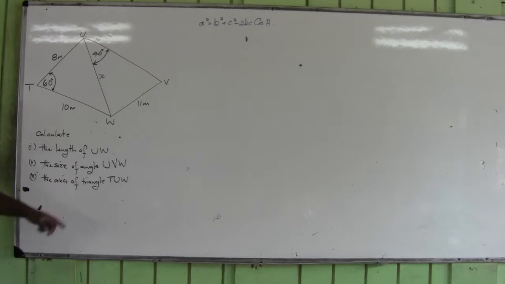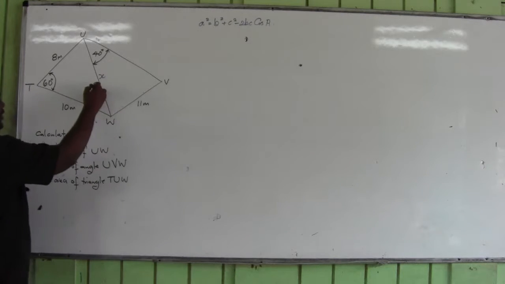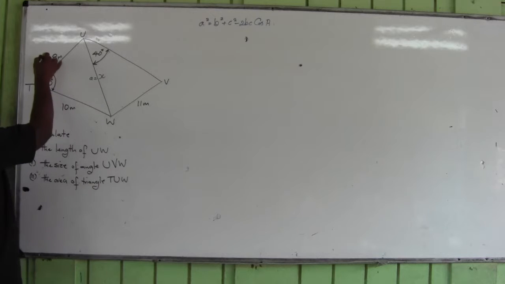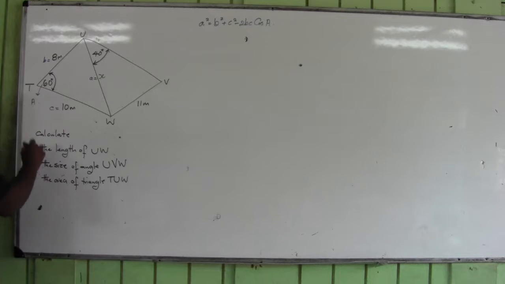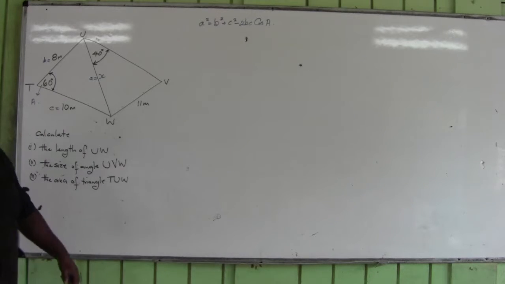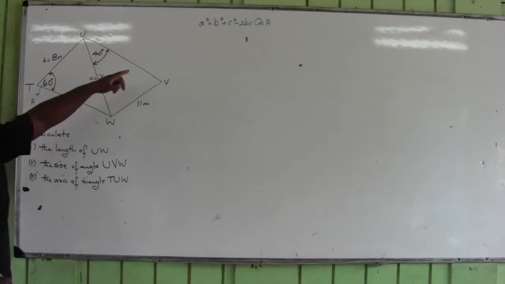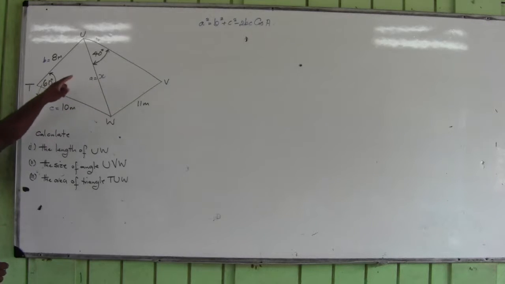And X is the side opposite the inclusive angle. So from the point of view of the formula, this is A, this is B, this is C, and this is angle A. For the formula, A is the side opposite the inclusive angle. B and C are the other two sides, and A is the inclusive angle.